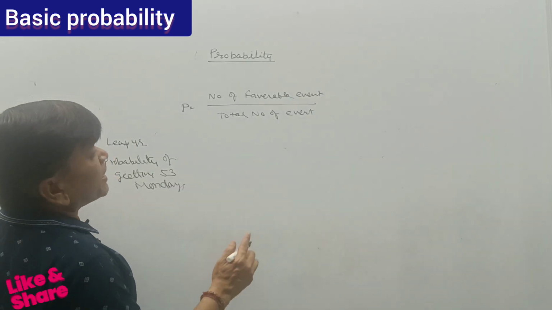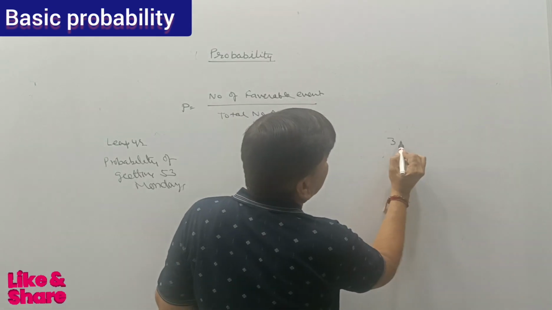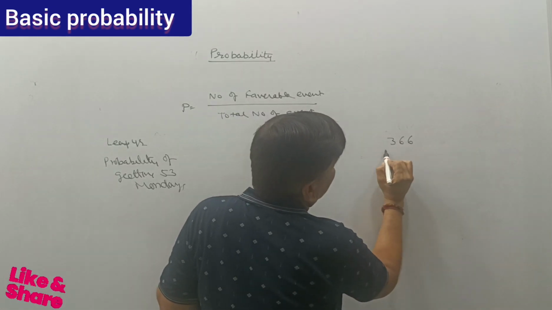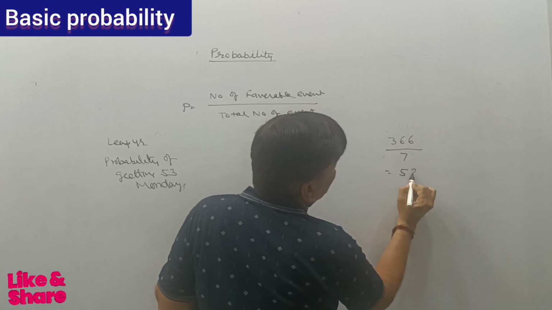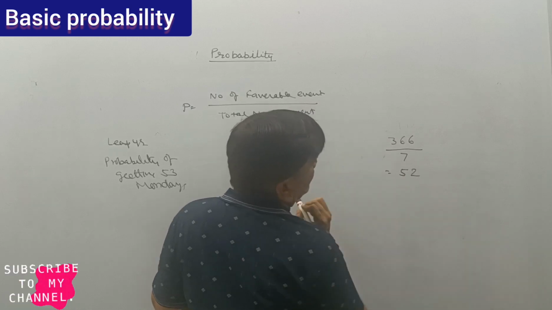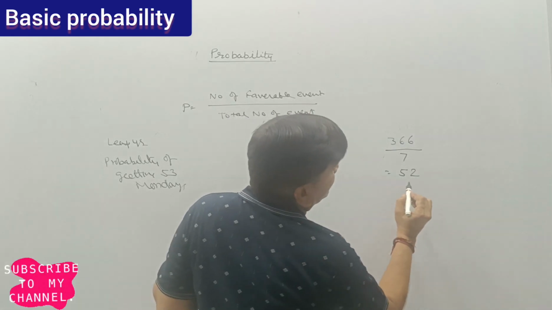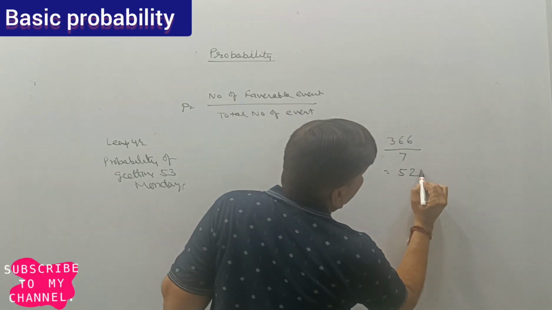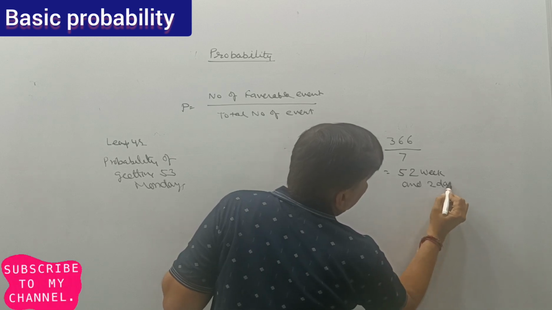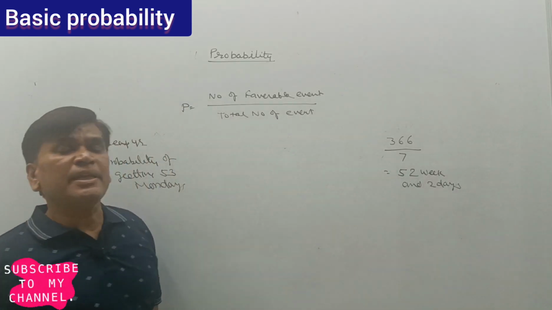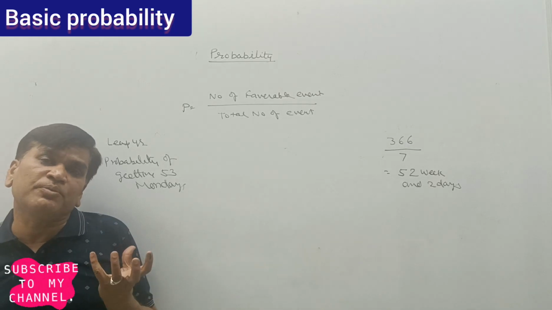So in a leap year, there are 366 days, divided by 7. 7 fives are 35, 7 twos are 14, so 52 weeks and 2 days.